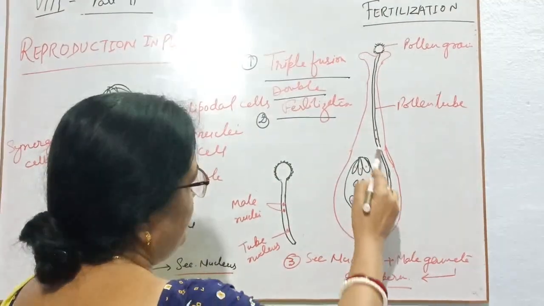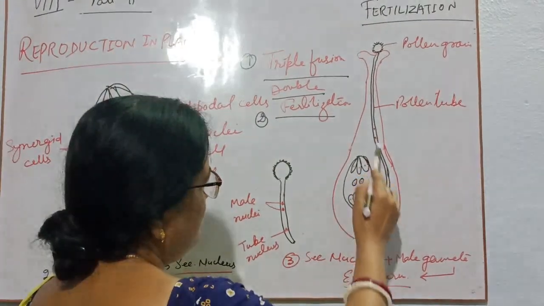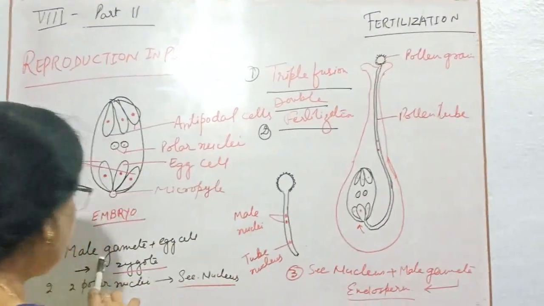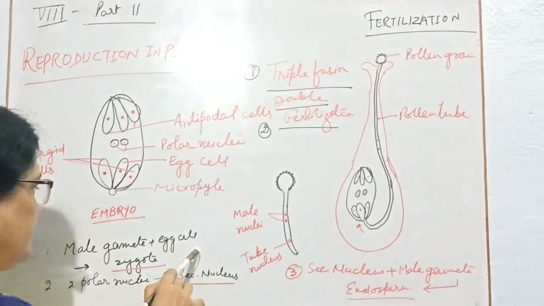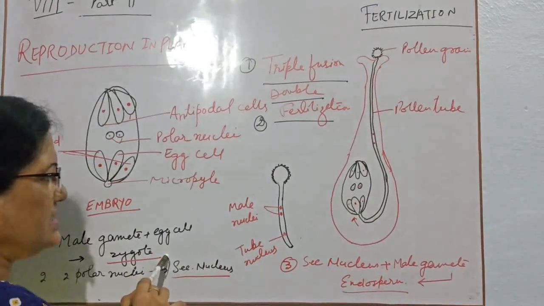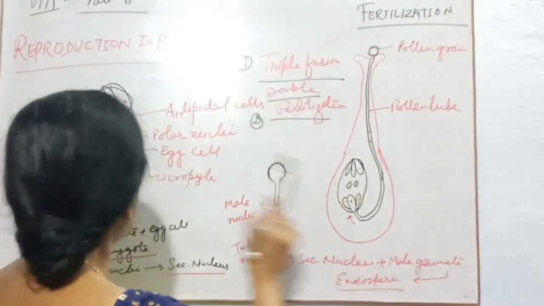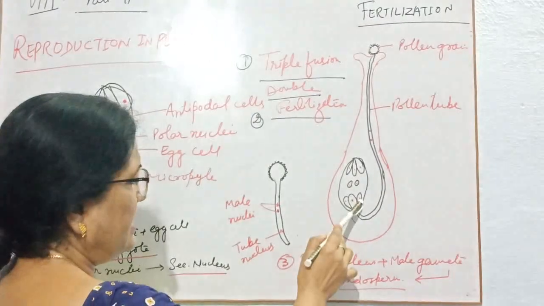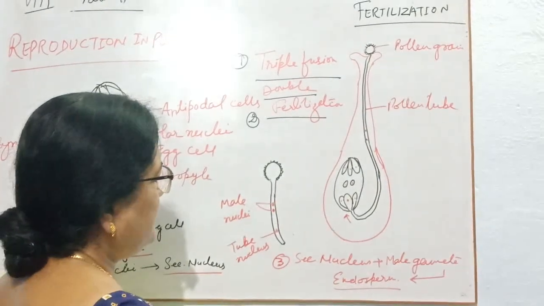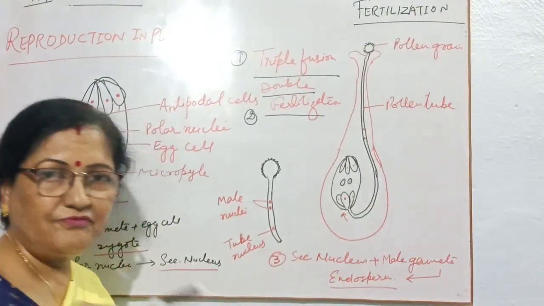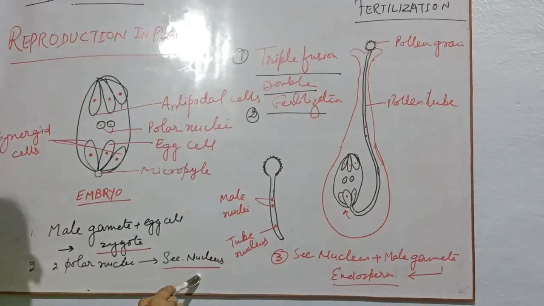Then, in the next step, through the micropyle, the male gamete enters into the egg cell. It fertilizes and will form the zygote. In this zygote formation, the two synergid cells will help, and in between that time, the two polar nuclei will fuse and form the secondary nucleus.